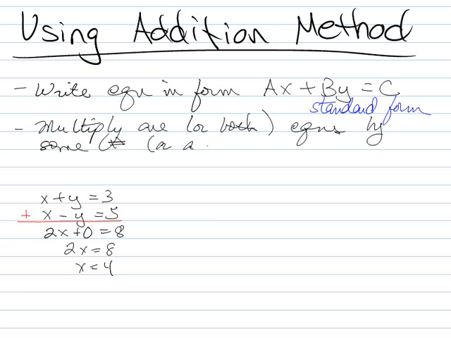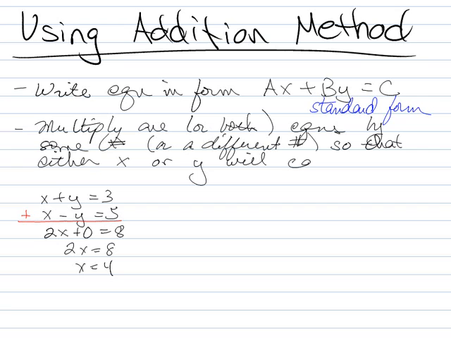You'll know what I mean in a second. I can multiply one equation by 5 and the other equation by 3. It doesn't matter as long as I multiply the whole equation by the same number. I'll multiply one or both equations by some number so that either x or y will cancel out. That's the idea.